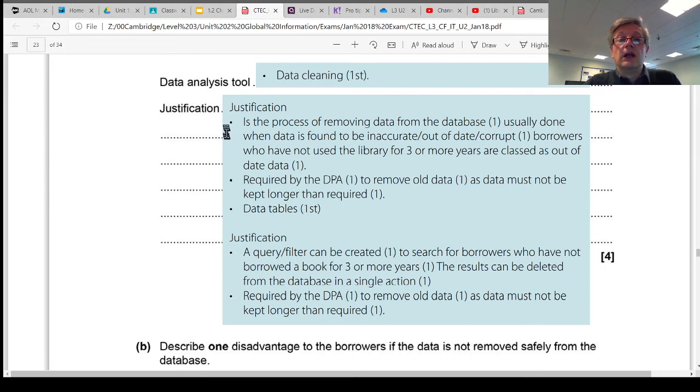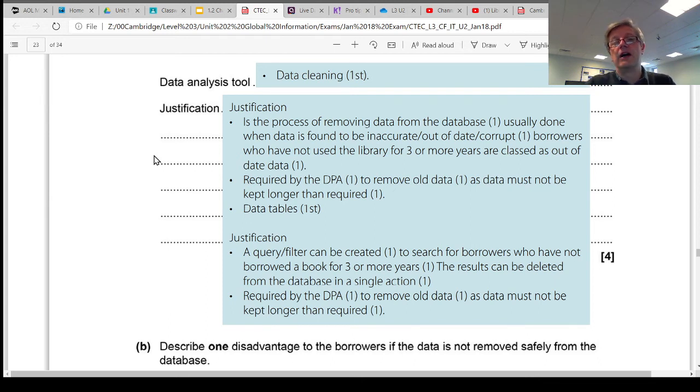So some of the things I suggest you could have said. Data cleaning is removing data from the database, and this is usually done when the data is found to be inaccurate or out of date, or it may have suffered from some corruption, a virus or something like that. Borrowers who've not used the library for 3 years are now considered out of date data.